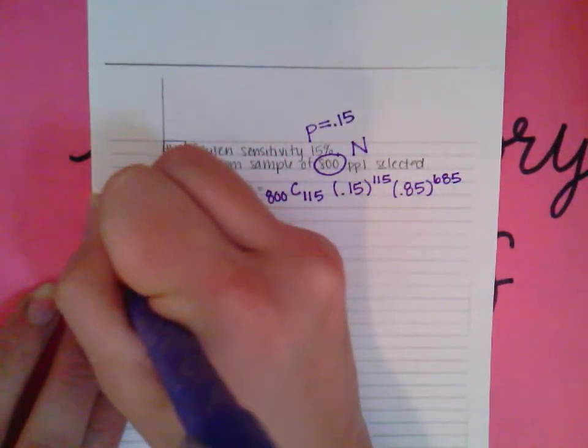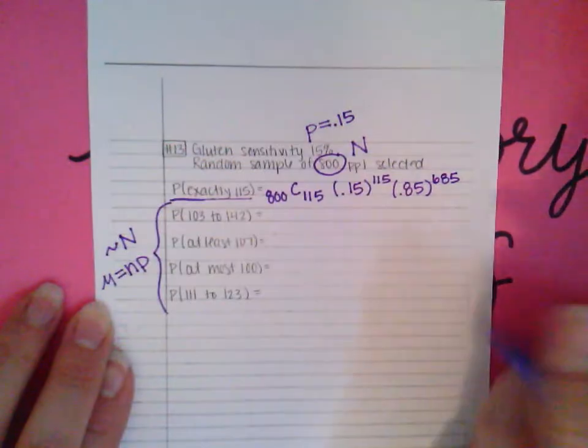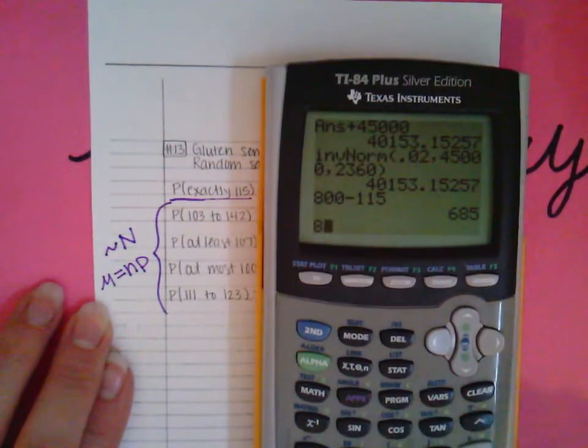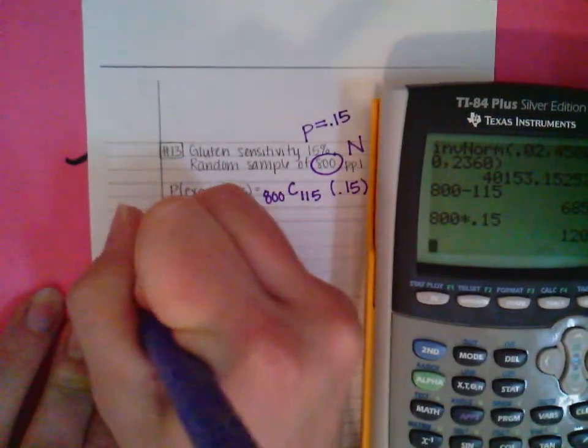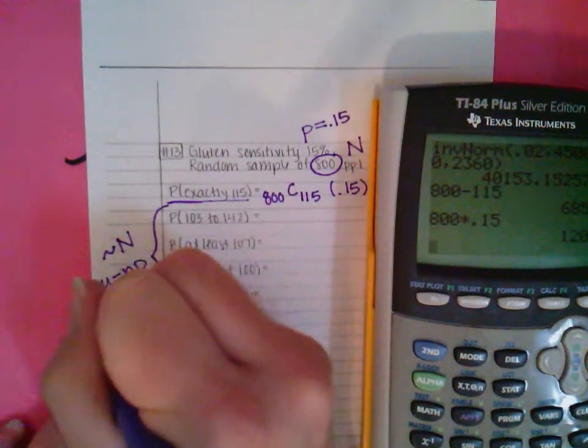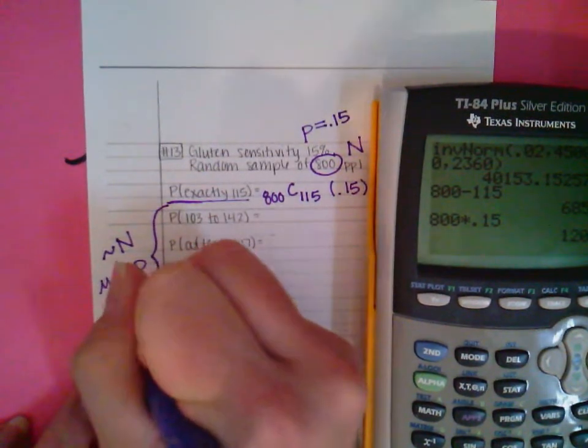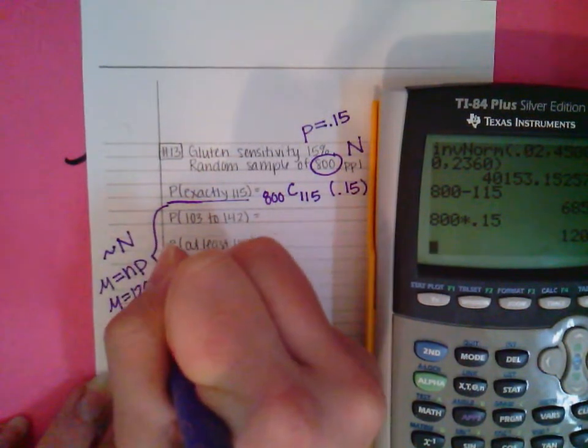The mean is n times p. If I take 800 and multiply by the probability, that's 120. And the standard deviation is the square root of npq.